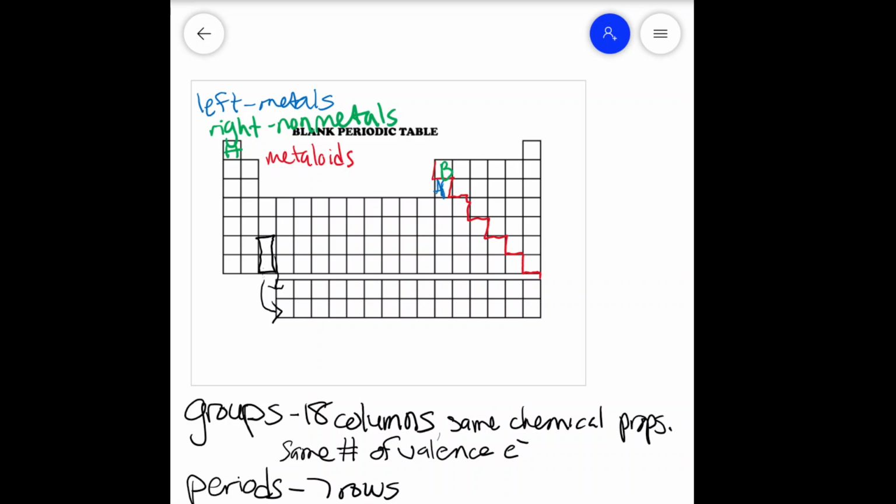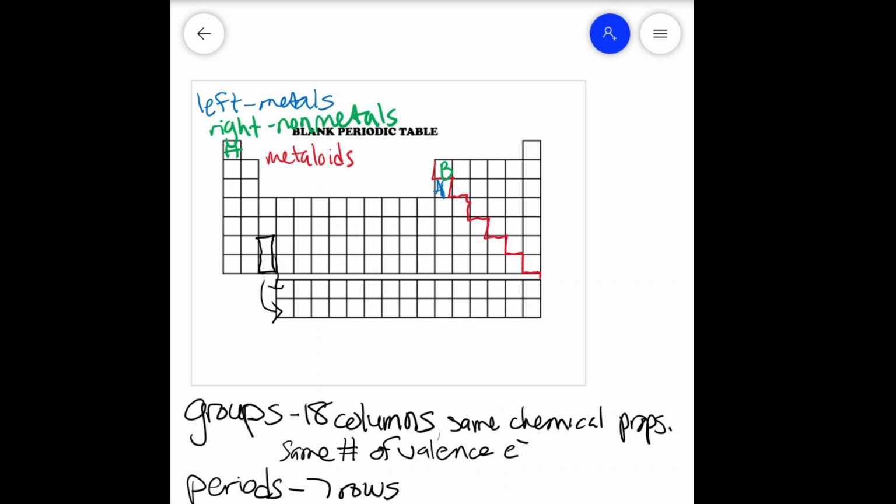If you take oxygen, that's obviously not a metal, so it is a nonmetal. You take zinc, that is a metal. And as we see in nature, there's mostly metals. There's not as many nonmetals. And so that's kind of how you know where metals, nonmetals, stuff like that are.